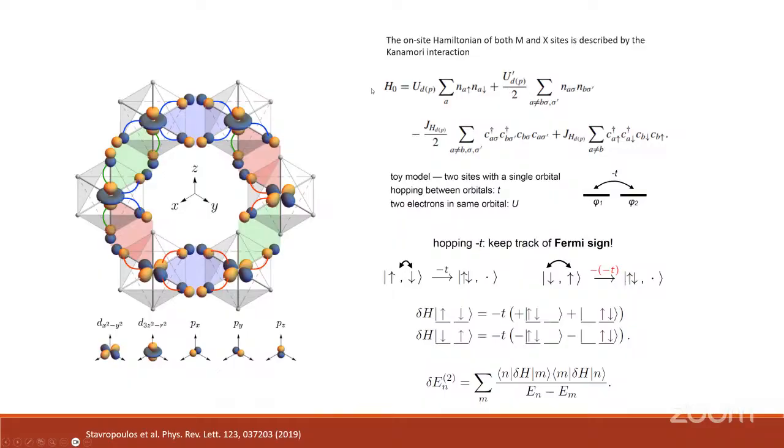So we need to start with an on-site Hamiltonian, for example in this form, and then we should consider the hopping between each site, and then by treating them in higher order perturbation theory, we could get the energy contributed by all the possible hopping paths.